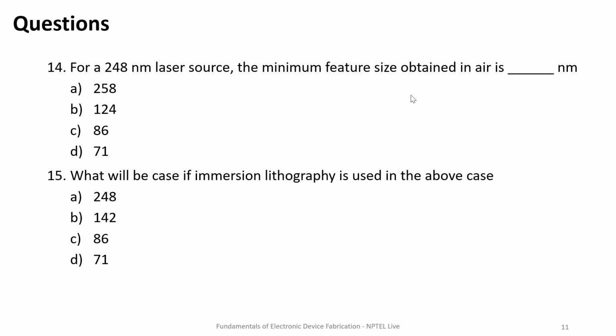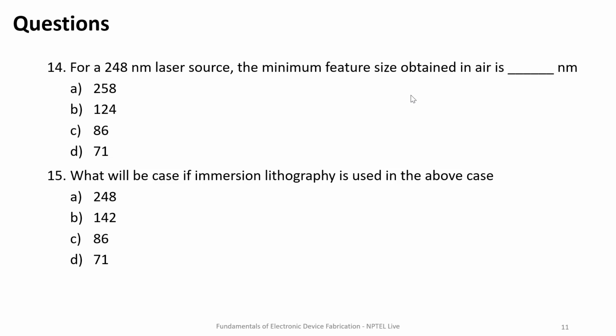Did everybody get 124 and 86? The person who answered, can you tell me which equation you used for 14? Sigma is equal to k lambda by NA. Using the equation sigma is equal to k lambda by NA, can others also try now?